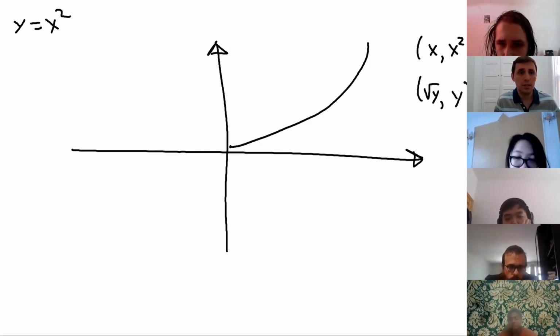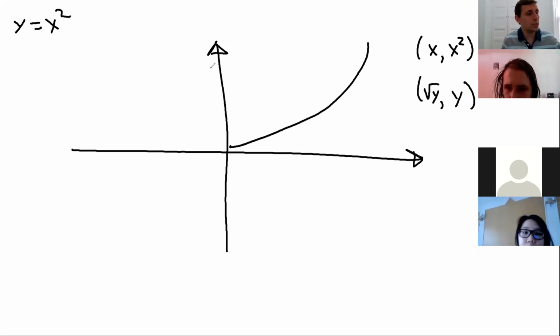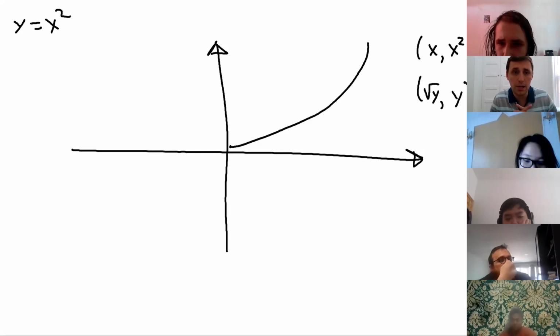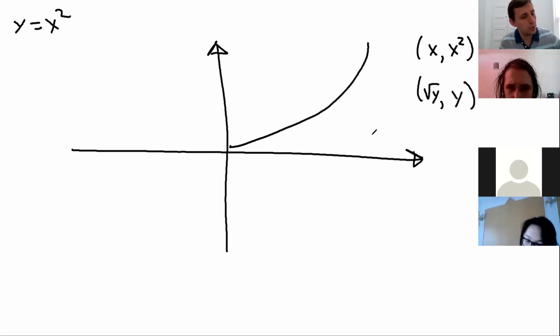Are you sure, guys? So notice, if you have to describe what's happening here, today I watched this documentary about Russian astronauts. So imagine that you are a cosmonaut and you're walking on this x-axis, and then you look at this curve.